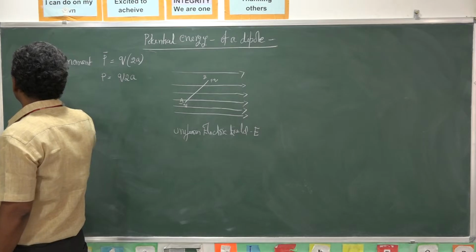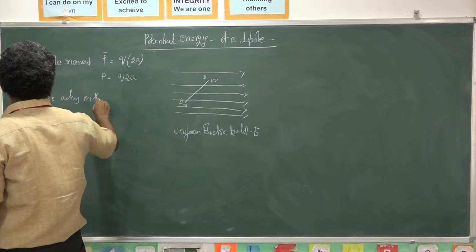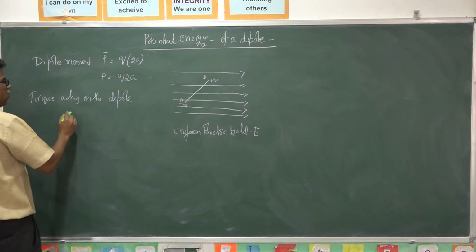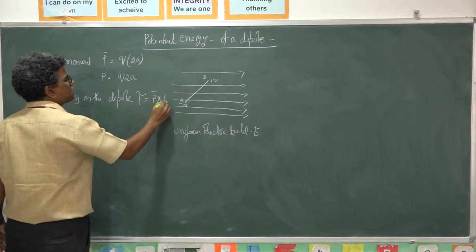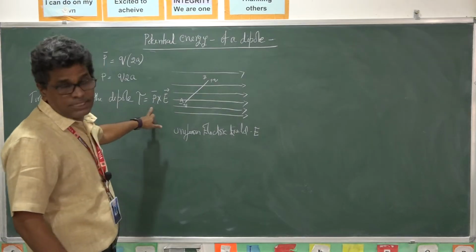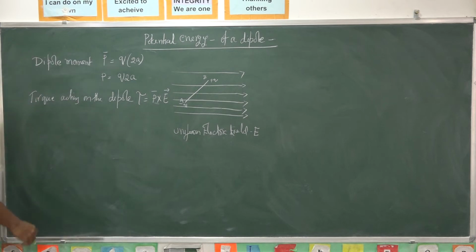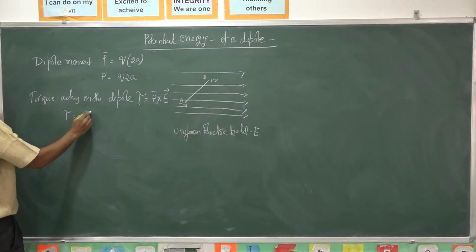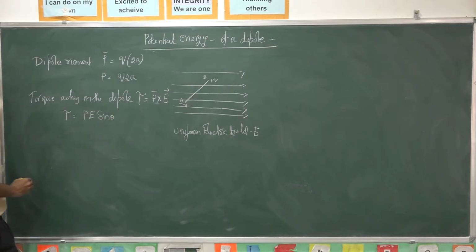You studied this in electric field. The torque tau is equal to P bar cross E bar, isn't it? We derived this expression already. So the torque is equal to P E sin theta. This much torque acts on this dipole.